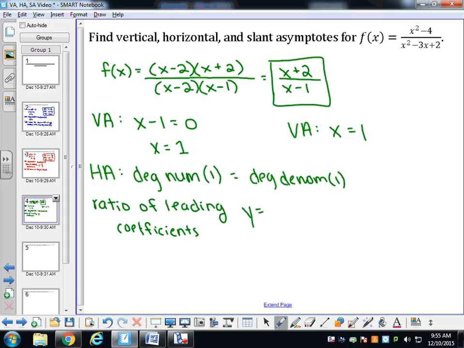So in this case, it would just be 1/1, or more simply, y equals 1. So my horizontal asymptote would be y equals 1. Now again, there is no slant asymptote here, because again, the degrees are equal.